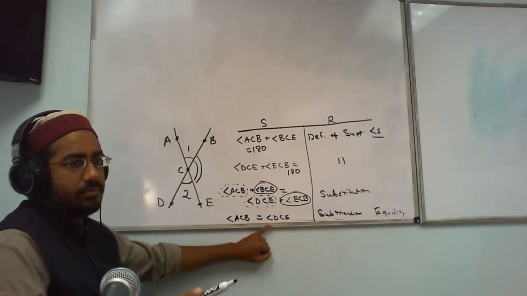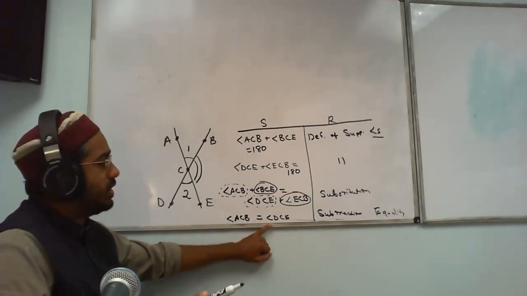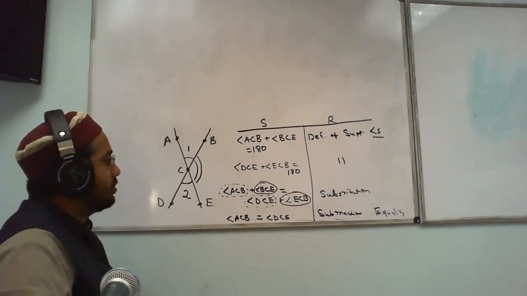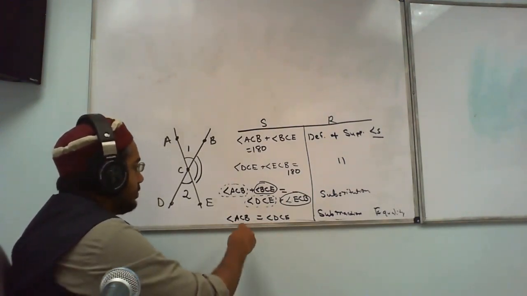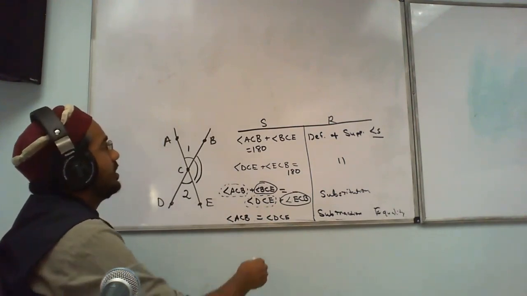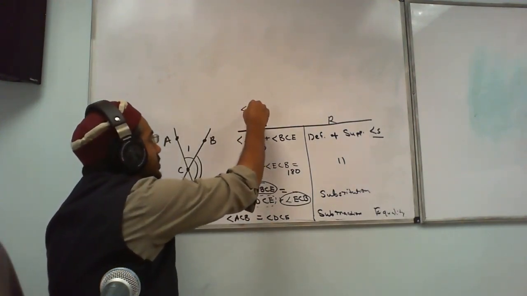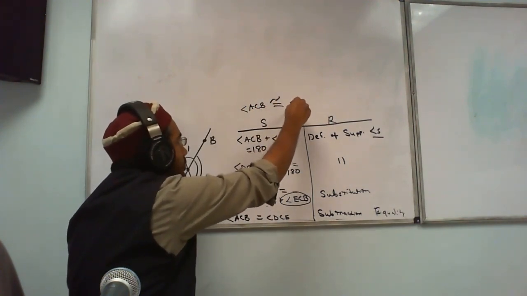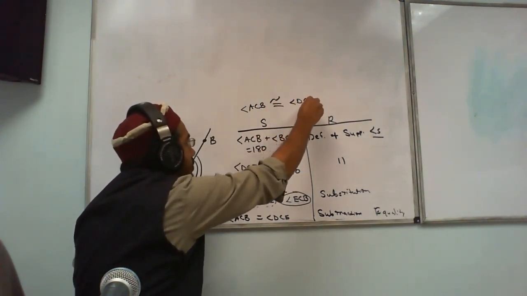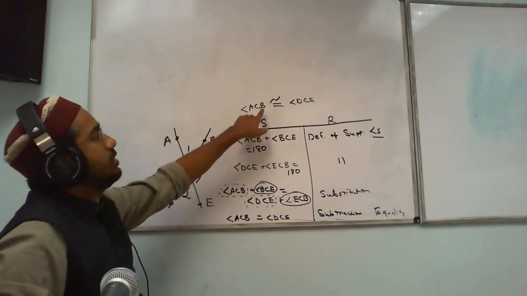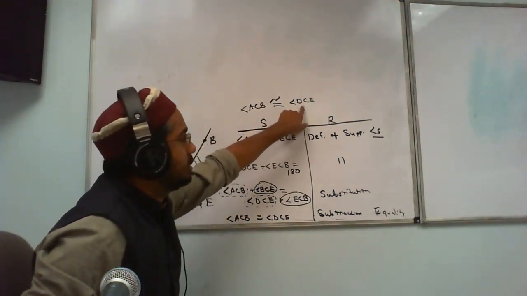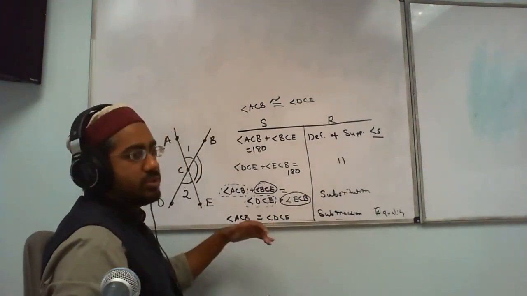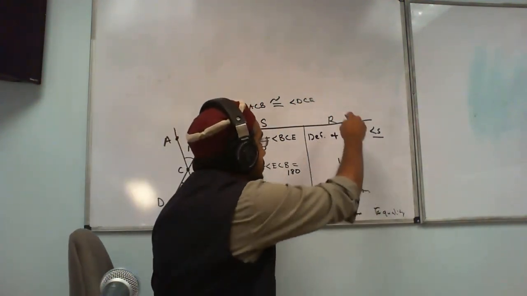So the next step, what I can do is use this symbol like this. This angle is congruent to this angle. And I can put definition of congruence, because if the measurements of two angles are the same, then they're congruent. That's what congruence means.